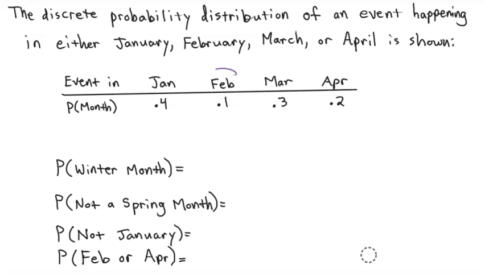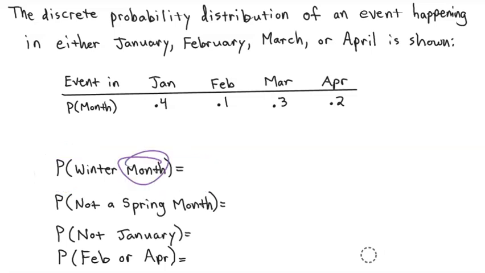The probability of it happening in February is 0.1. The probability of it happening in March is 0.3. And the probability of it happening in April is 0.2. Now notice if we add all of these up, 0.4 plus 0.1 plus 0.3 plus 0.2 equals 1. So that's the total probability. There's only 4 months that it could possibly happen in, because when you add up all their probabilities, it equals 1.